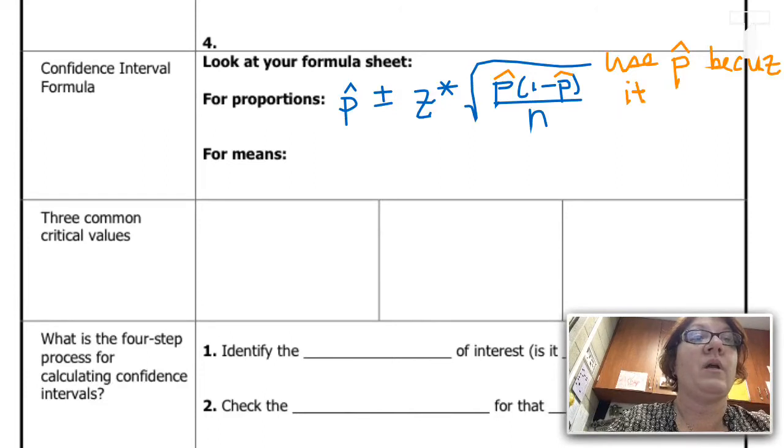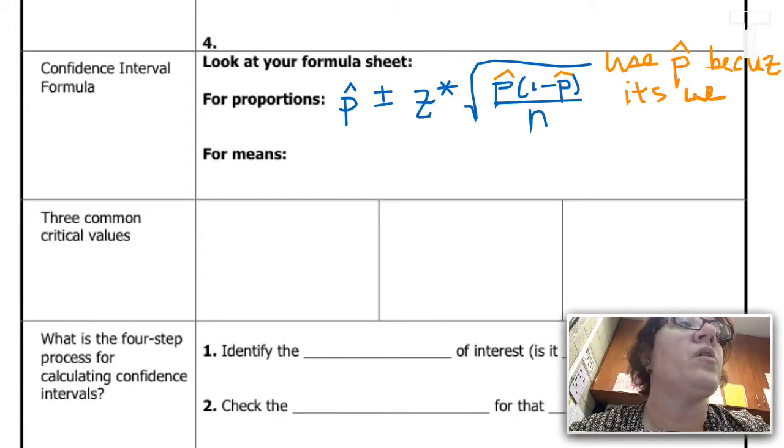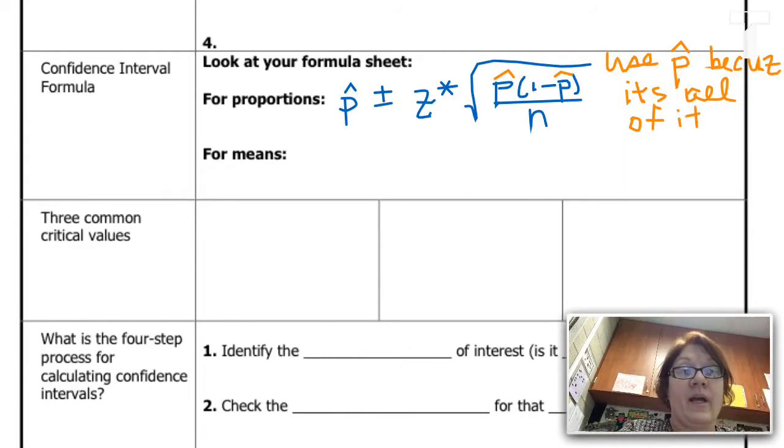We're trying to estimate the population proportion, so we certainly can't use it if we're trying to estimate it. So for lack of anything else, remember we're hoping that our p hat is an unbiased estimator, and so hopefully by using that it'll get us close to our actual true value.